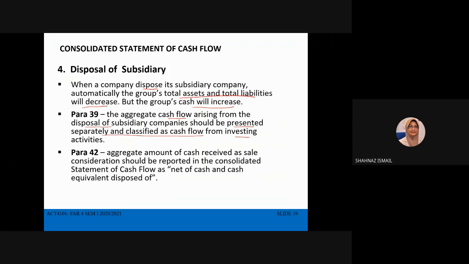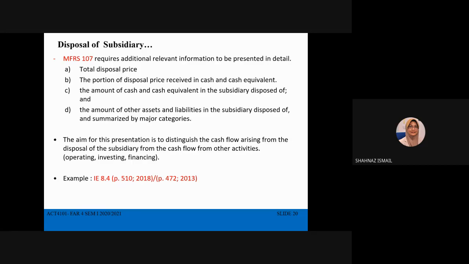And under paragraph 42, aggregate amount of cash received okay, cash received from sale of the consideration should be reported in the consolidated statement of cash flow as net cash and cash equivalent disposed of. Okay, right. So MFRS 107 requires additional relevant information to be presented in detail. Firstly is the total disposal price.